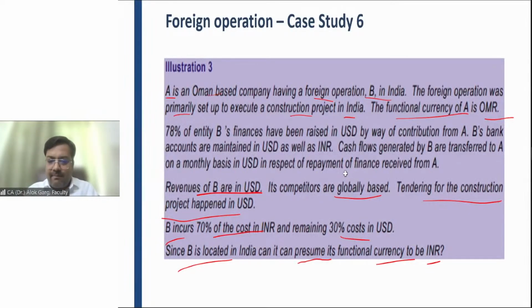Is that clear? Janvi, Namrata, Sriram, is that clear? Rohan, is that clear? In this case, all the 4 conditions of foreign operations are not met. It means in this case, we have to identify the functional currency of the foreign operation separately. Is that clear?